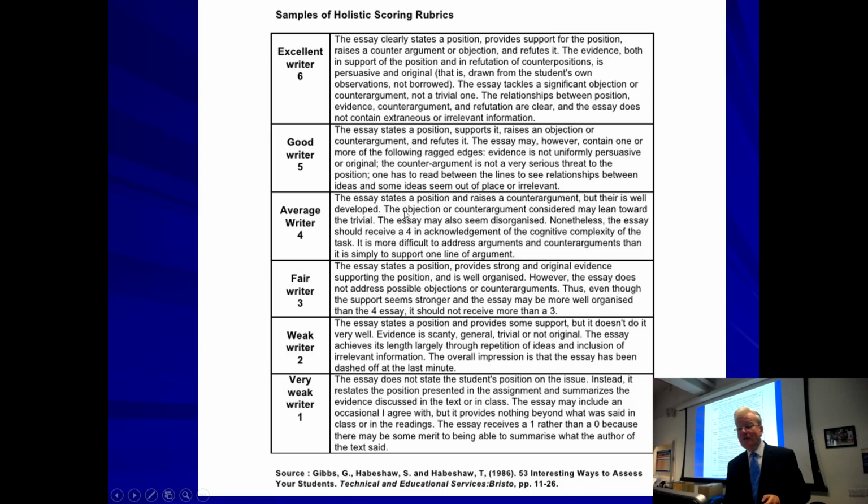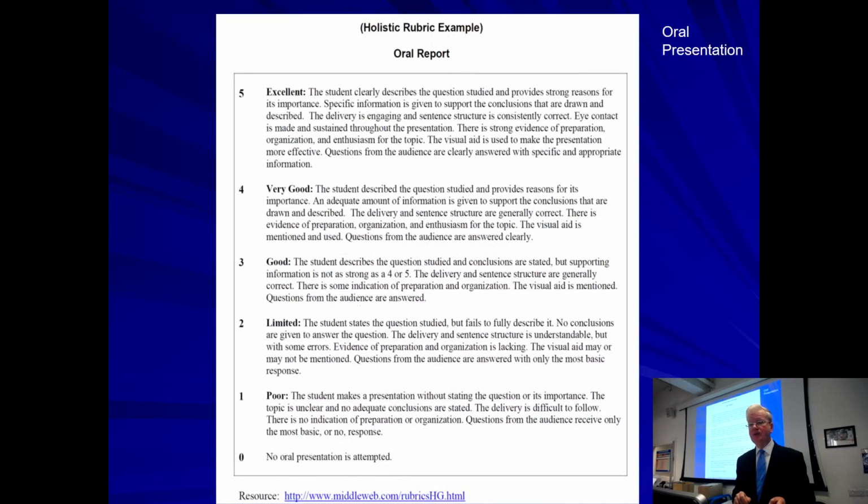Then the average writer: the essay states a position, raises a counter argument, but it's not well developed, leaning towards the trivial, the essay may also seem disorganized, those sorts of things. And then up the top, the excellent writer: strong position, raises the counter argument. The essay tackles a significant objection or counter argument. It's not a trivial one, and so on. So you clearly have 6 categories into which the person who is marking the assignment will place each student.